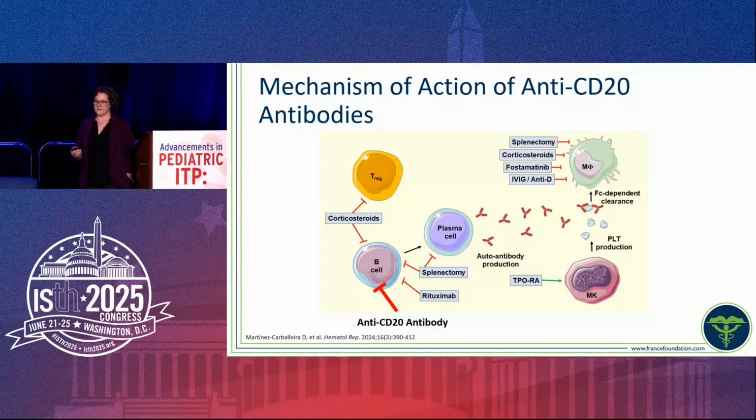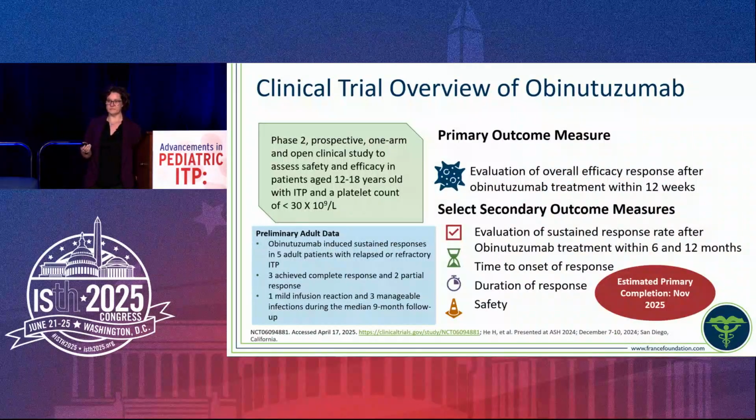All right. So we have rituximab as an anti-CD20 antibody, but rituximab's penetration to tissue, and the biosimilars to rituximab, is not as good as some of the newer anti-CD20 antibodies. So obinutuzumab is an anti-CD20 antibody that has better tissue penetration.